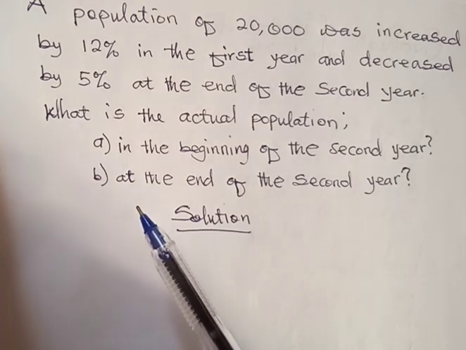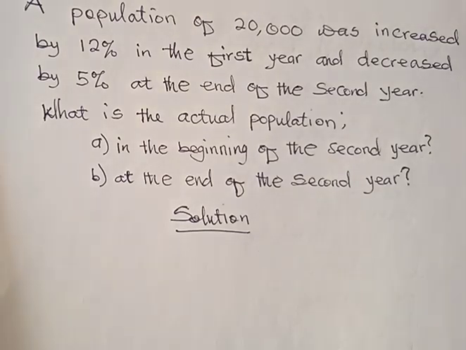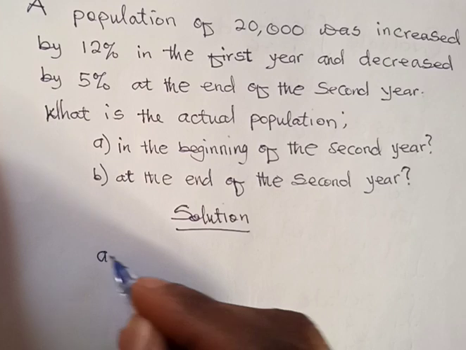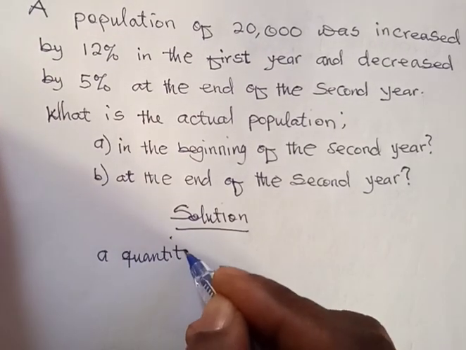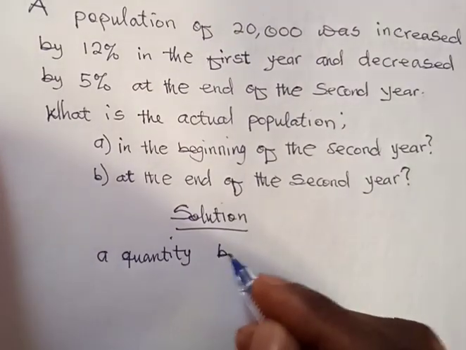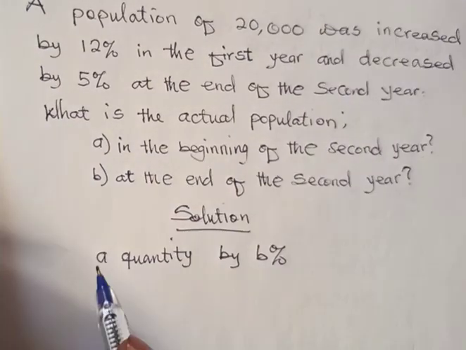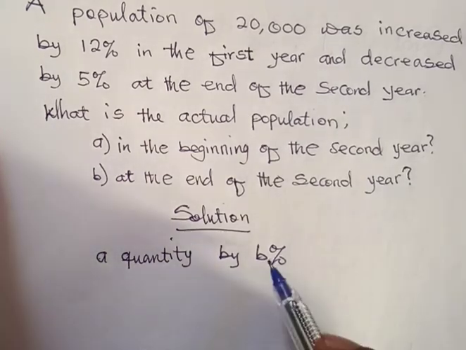Remember, in our previous lesson, when we talked about the two ways of dealing with such examples, in the first method, we said that let's say you are given a quantity, and you are asked to increase it by b percent.